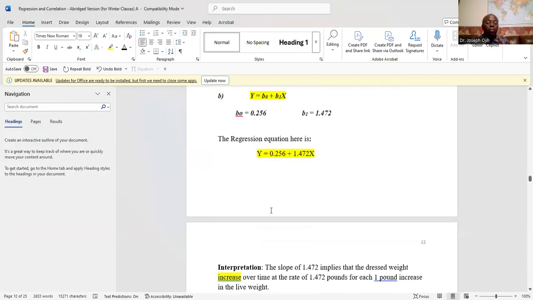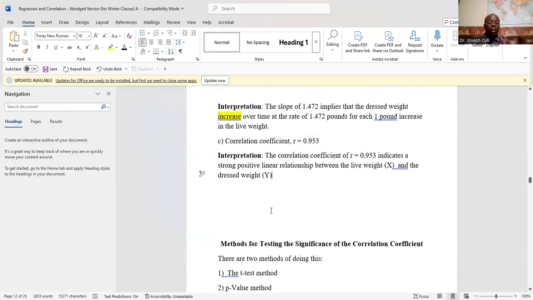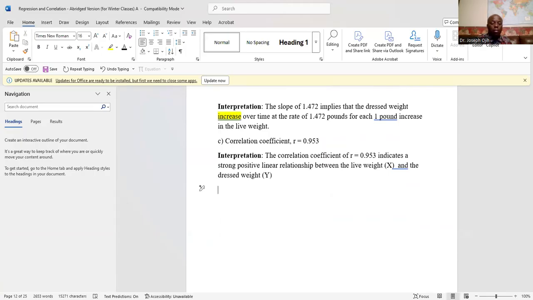So part D, excuse me. The coefficient of determination is R squared equals 0.907.